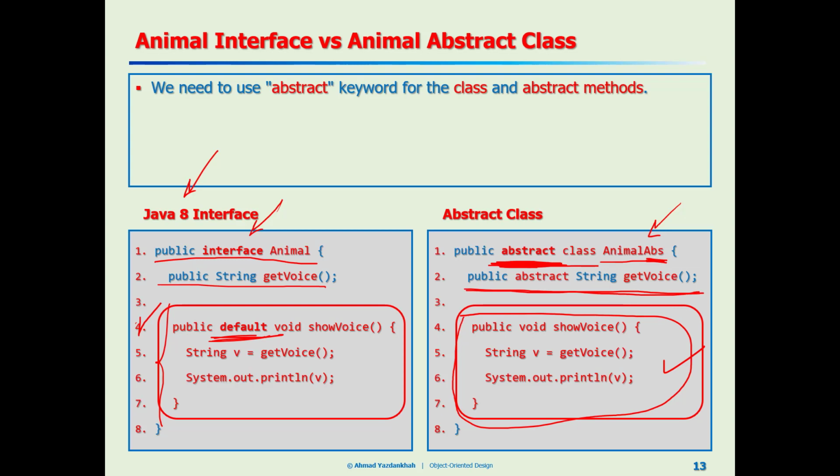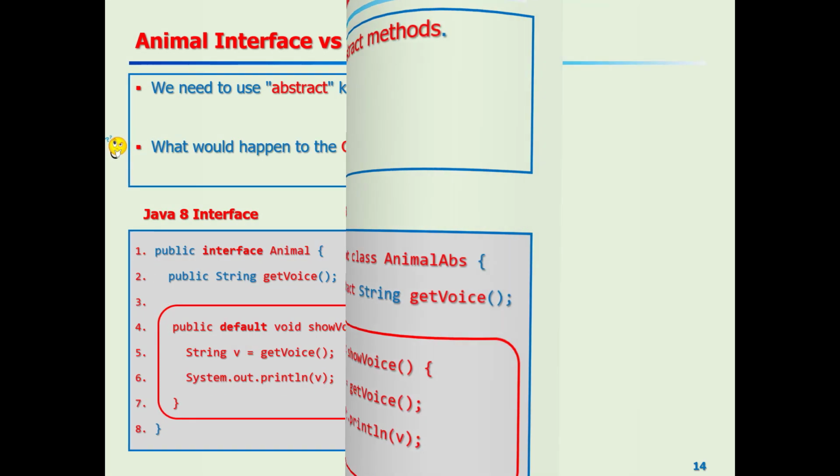Okay, so if we've solved the problem with the abstract class, then let's see how the cat and dog classes look. In the previous solution, cat and dog implemented the Animal interface.